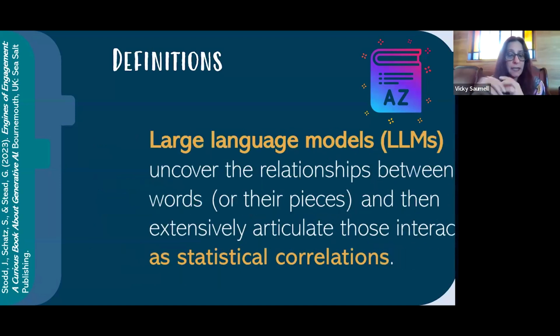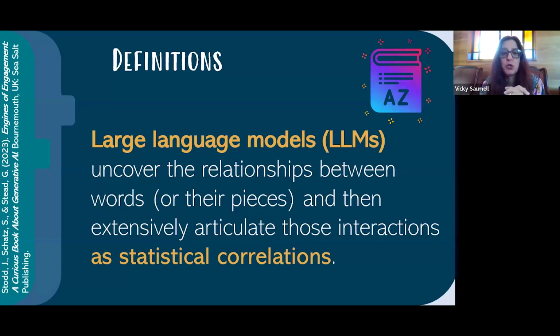And these LLMs have been fed huge amounts of data. They have analyzed it, and they have come up with statistical correlations to articulate these interactions. So basically, Gen AI does not really know or understand things. They are doing advanced mathematical calculations. And when it does not know, it hallucinates, it invents, it fills in the gaps.